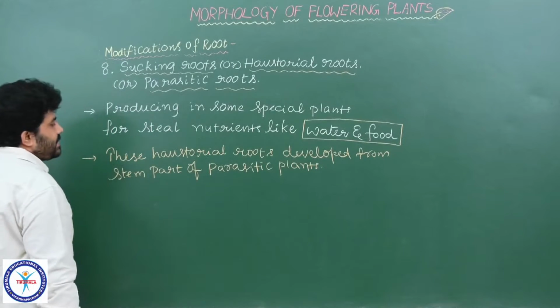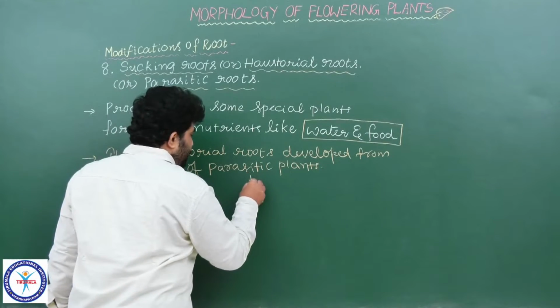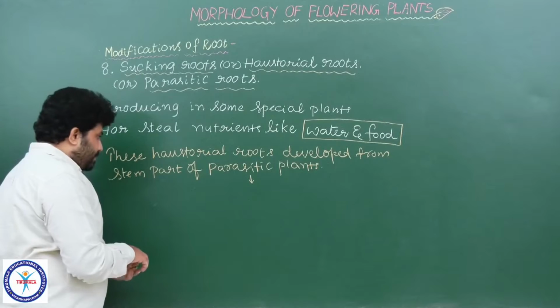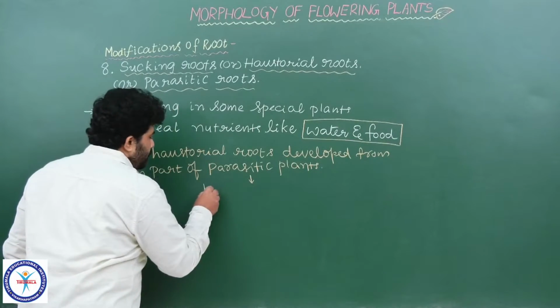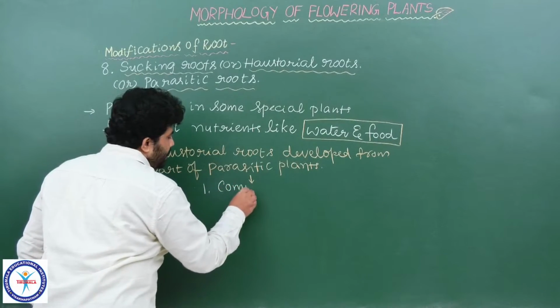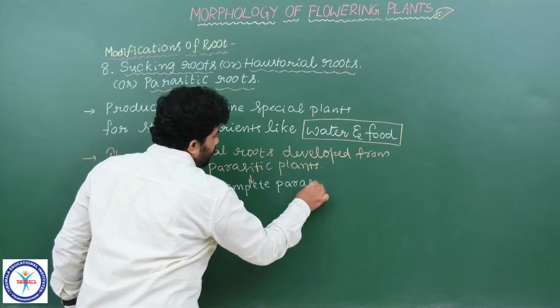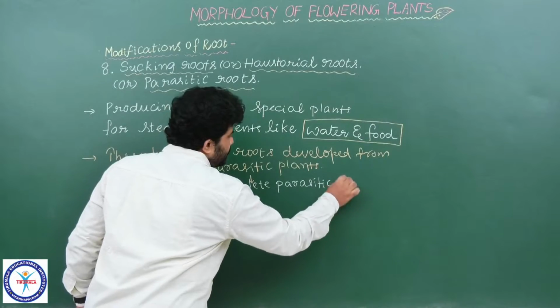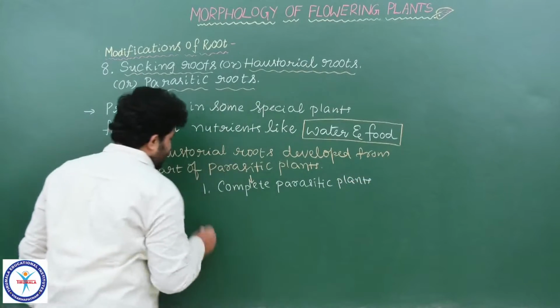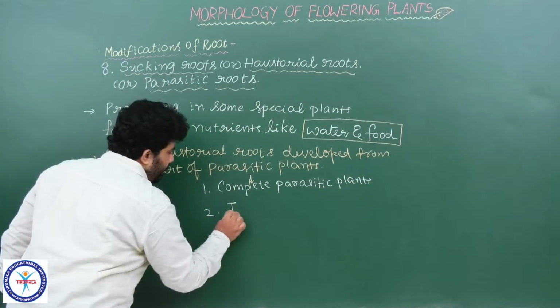These parasitic plants are of two types. What are they? Complete parasitic plants. Note down, students. Complete parasitic plants, and the second one is incomplete parasitic plants.